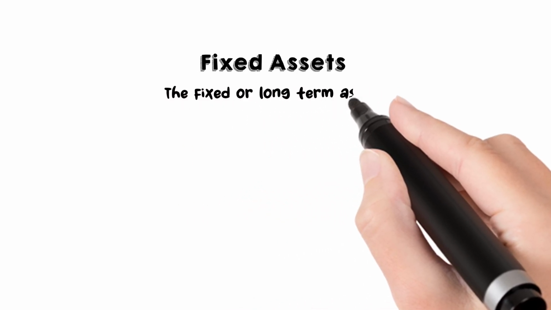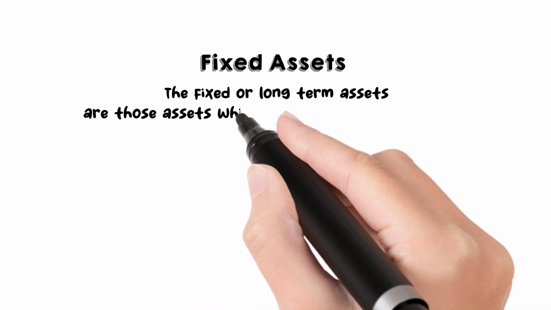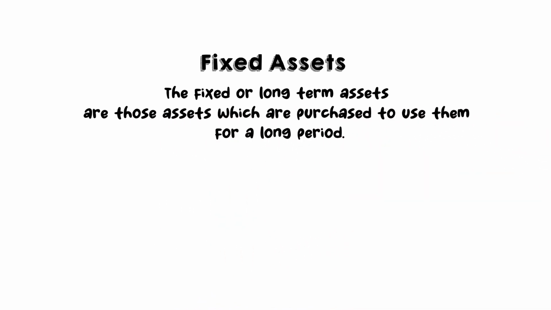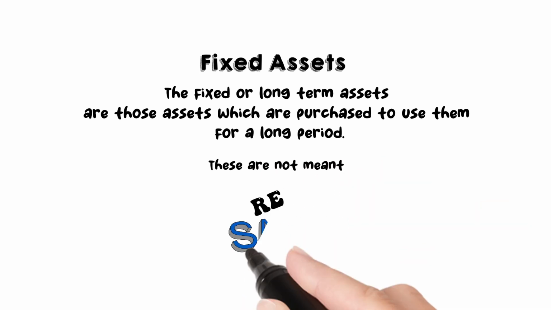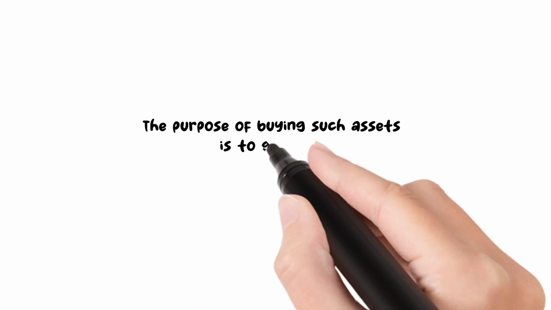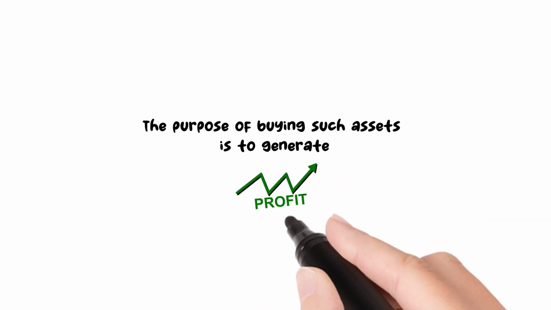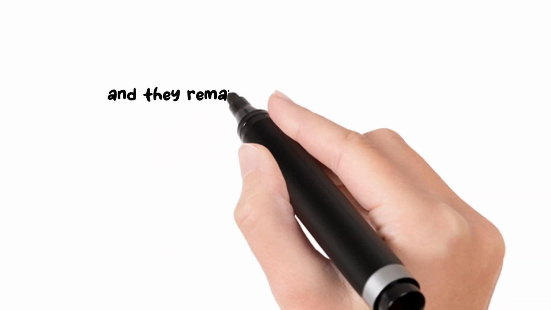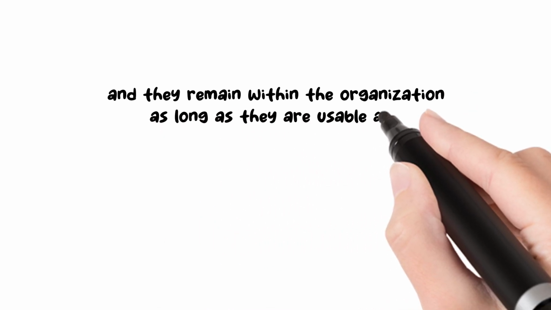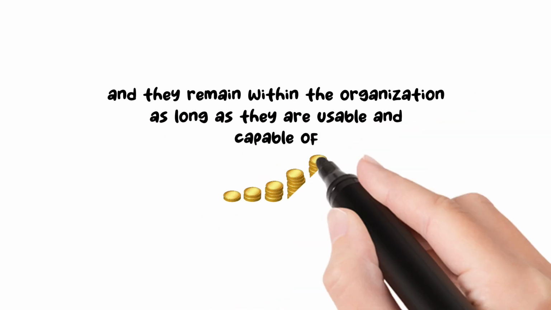Fixed assets. The fixed or long-term assets are those assets which are purchased to use them for a long period. These are not meant for resale. The purpose of buying such assets is to generate returns for a long period, and they remain within the organization as long as they are usable and capable of generating revenue.